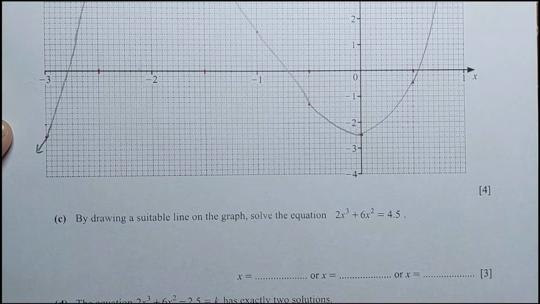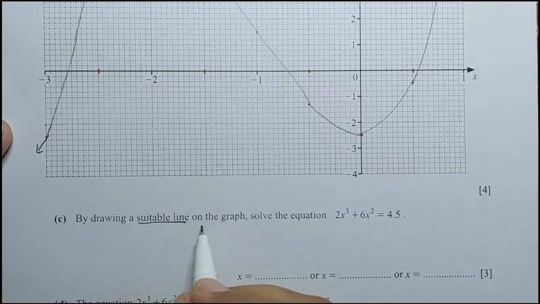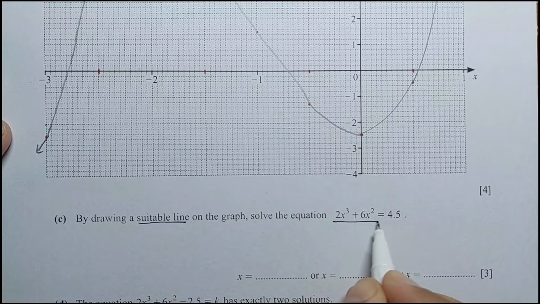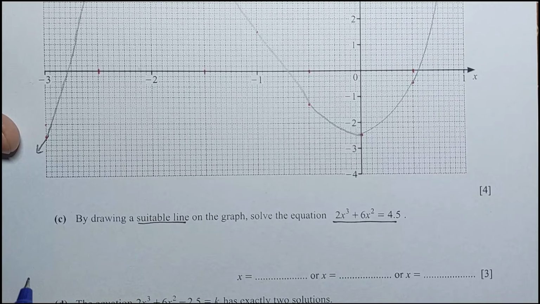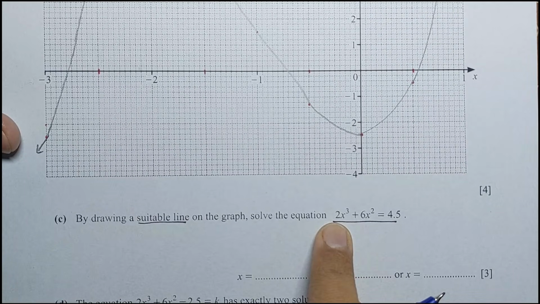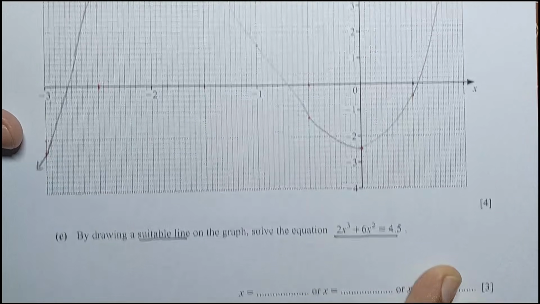Now moving to part C, it says draw the suitable line on the graph to solve this equation. All right, let me solve this equation. What equation do we have given in the question? 2x cube plus 6x square.